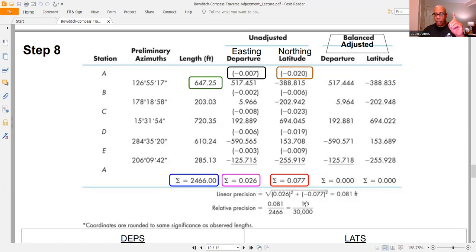So you already have your 1. They're going to take this number and use the reciprocal. So in other words, on the calculator they used 0.081 divided by 2466, and they came up with 0.000328. And then they're going to multiply that by 2466.